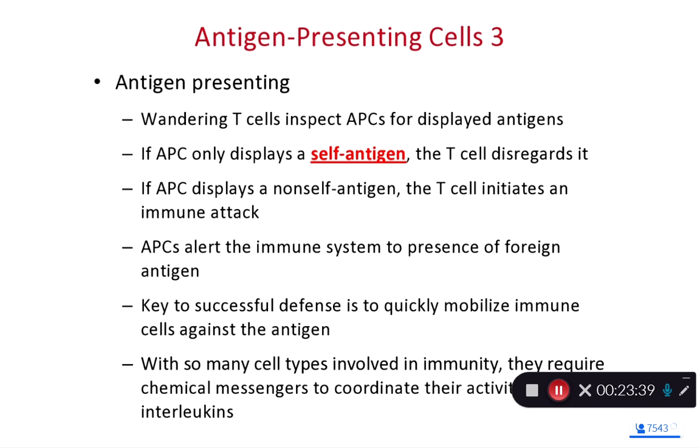The T lymphocyte will look at that cell and say, oh, you belong here, and then move on and focus on the next cell. Occasionally, though, those cells are going to display a non-self antigen. Now, if we initiate a T cell response, T cells, which are associated with cellular immunity, will start to destroy the cell displaying the non-self antigen.